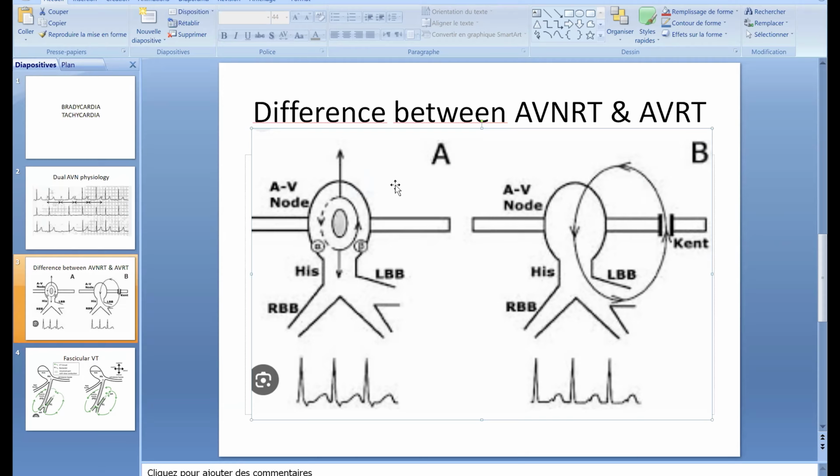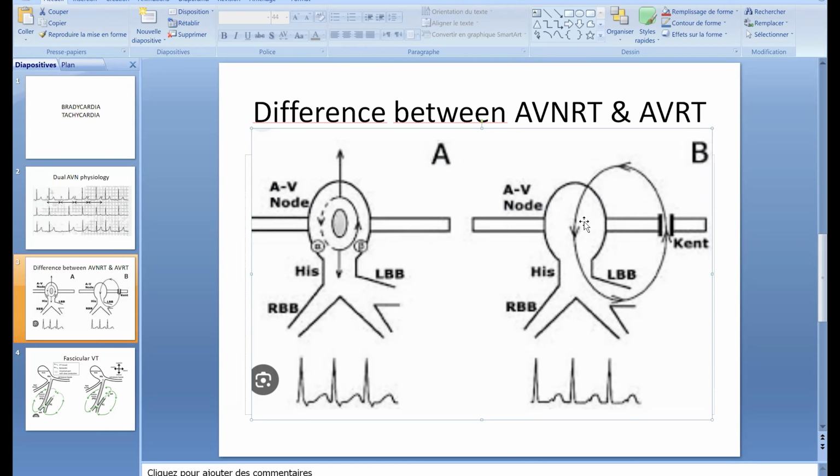So in the ECG, we will have an RP interval of less than 95 milliseconds, and in a lot of books that is the number fixed for the ECG. During electrophysiology, it's less than 60 milliseconds. The difference with the accessory pathway is that it is distant from the AV node.